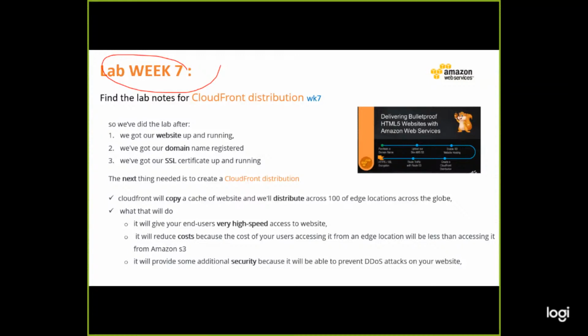It will also reduce costs, because accessing from an edge location costs less than accessing from Amazon S3. We learned previously that we can use S3 as a public application, put our files there, and give access to whatever file, whether data, video, or images. We built our website inside S3: we created a bucket, uploaded the website template, and it was up and running.